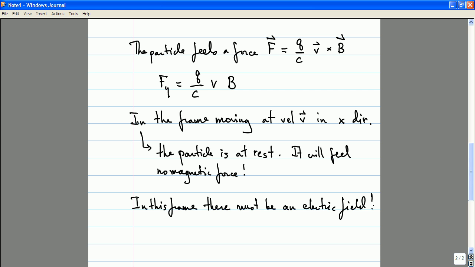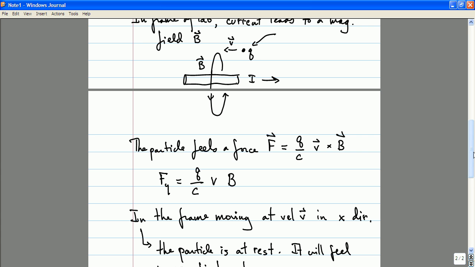Question? Yes? F is the Lorentz force. Okay. Usually in the Lorentz force law you have Q times E, an electric field.